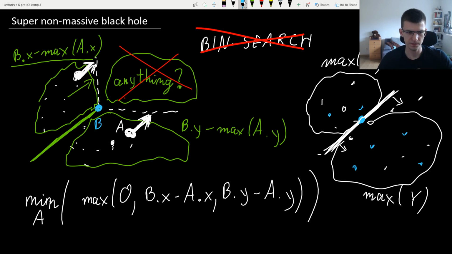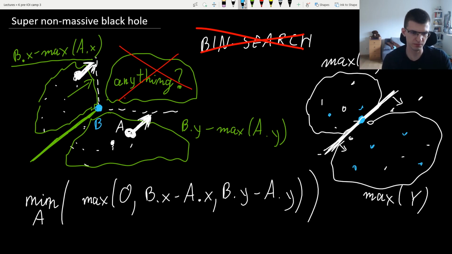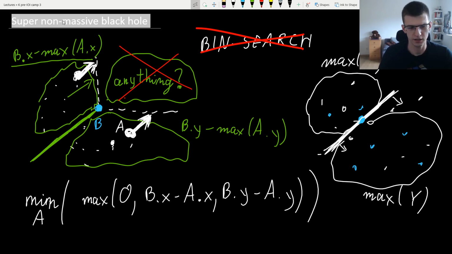For point B, I wanted to simplify this complicated formula of distance by which I need to shift point A to make it dominate point B. I split A into 2 groups, such that from this group I'm only interested in delta X, or just in the rightmost point A, and in the other group the topmost point A, which means the one with biggest value of Y. And now, how does it look in 3 dimensions?